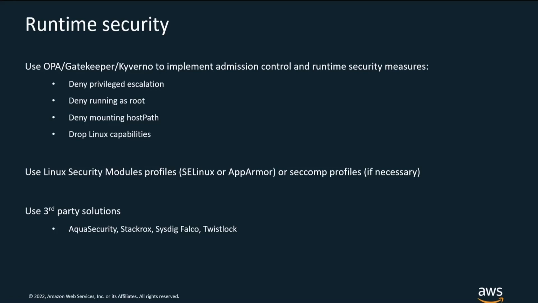These will help you mitigate the risk of an attacker escaping the confines of a pod or a container and getting access to the host. If you require additional controls, you can add AppArmor or seccomp profiles, and in addition to Falco, which I previously mentioned, there are solutions from our AWS partners like Aqua Security, Twistlock, and StackRox. So all of these providers provide features and services for runtime security.